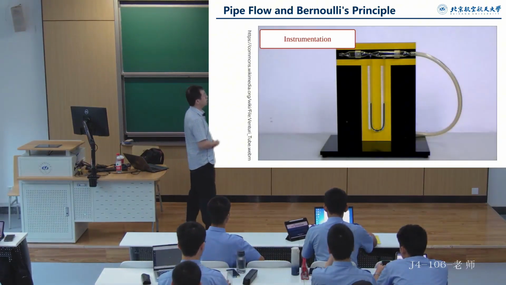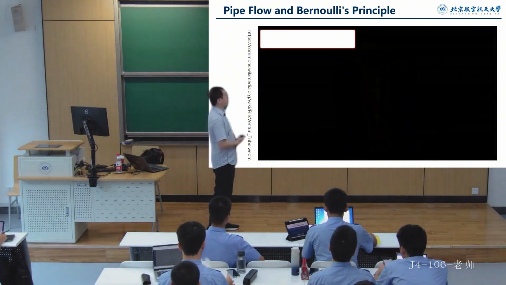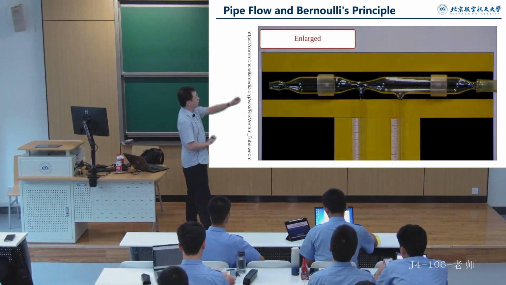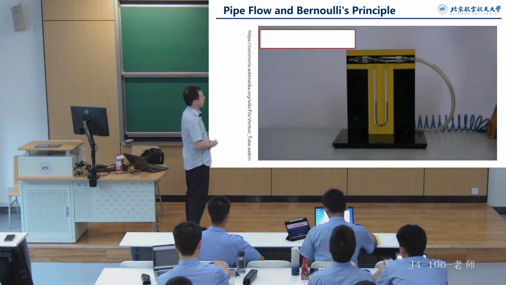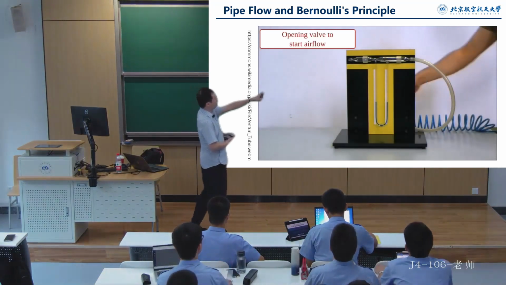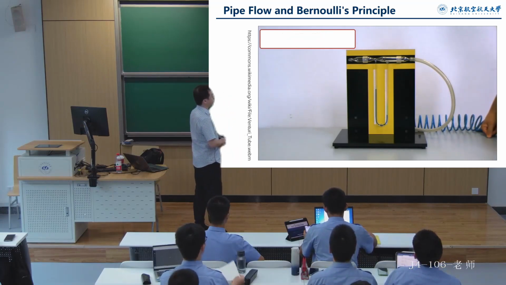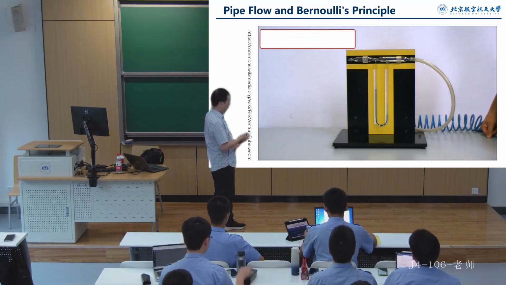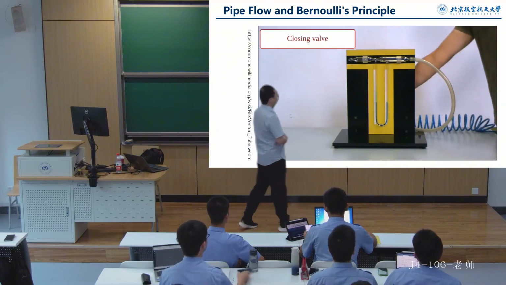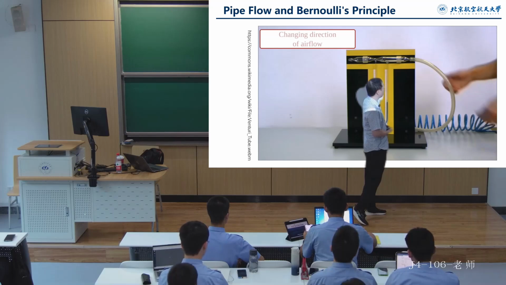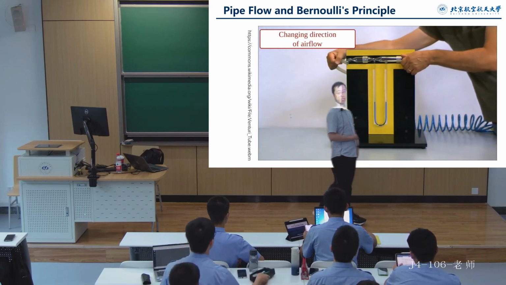Look, this is a glass bowl. The sides are wide and the middle is narrow. Then there is a U-shaped tube connected to the narrow part and the wide part. We can see that when using an air pump to blow air towards one side, the colored liquid in the U-shaped tube rises and moves.